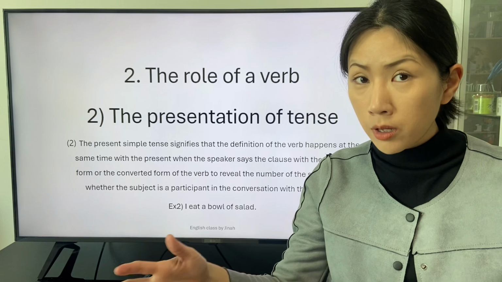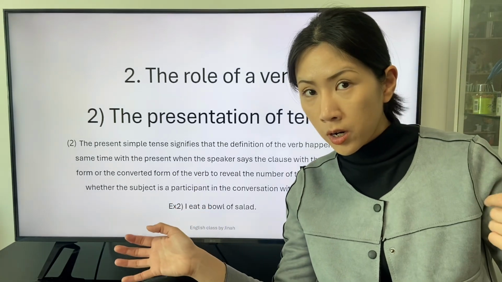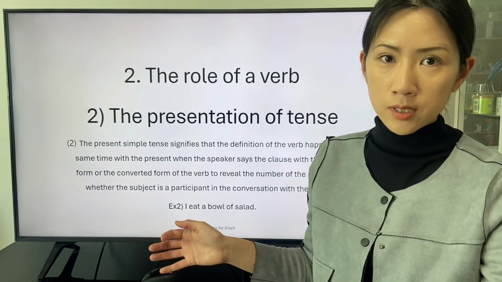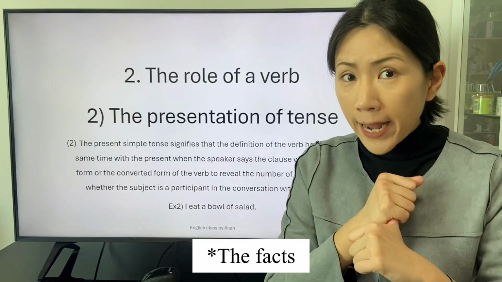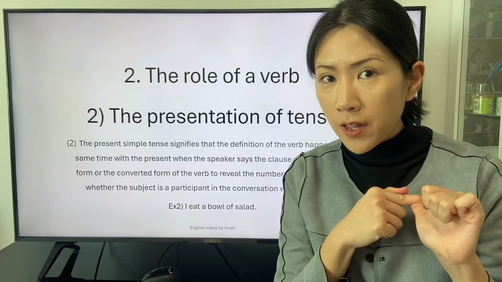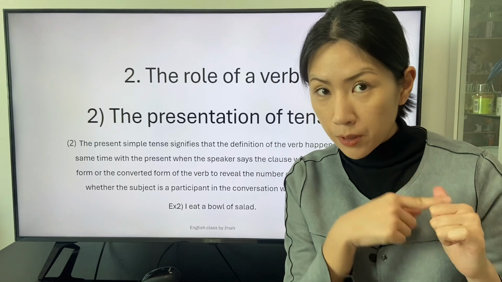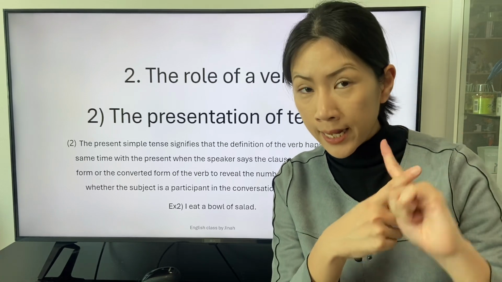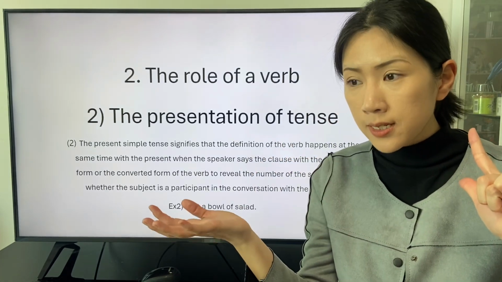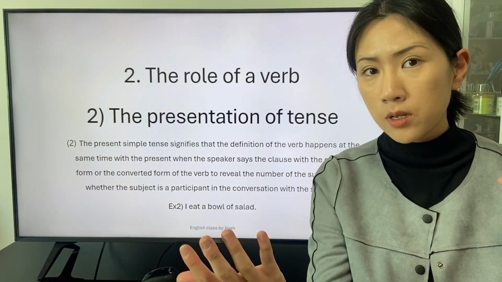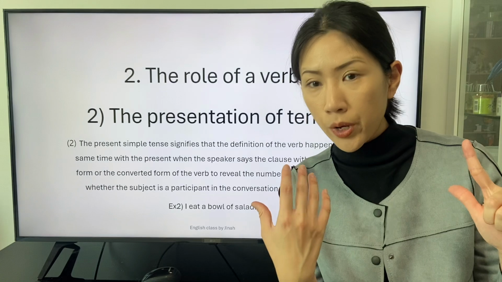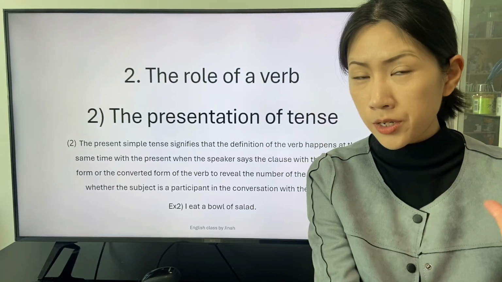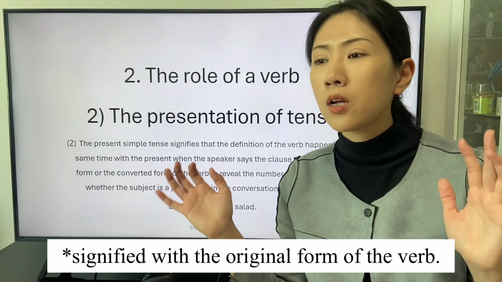The speaker and the listeners in the conversation are conscious that subjects that are plural are more important than the singular subject, that the number of the subjects is plural, and the subject is a participant in the conversation with the speaker and the listeners.